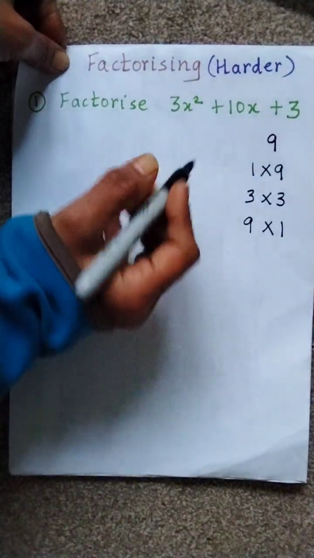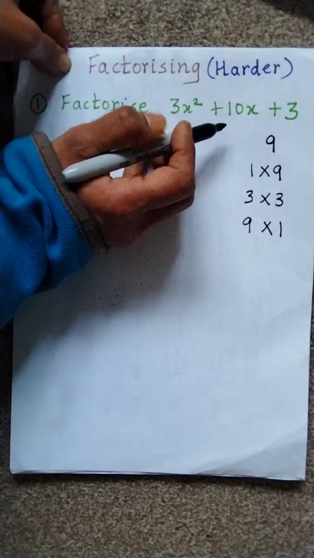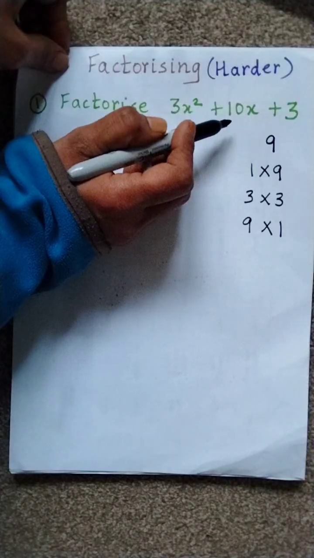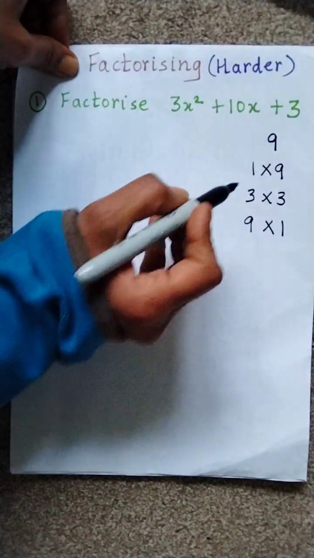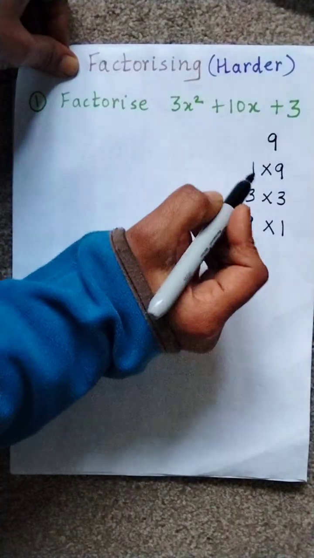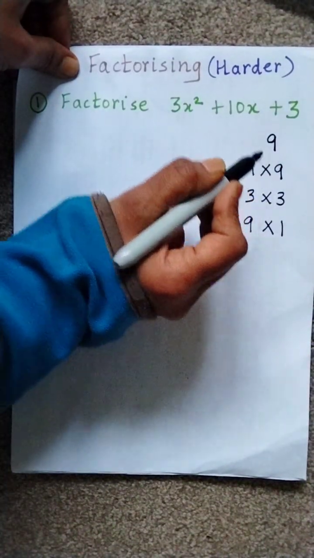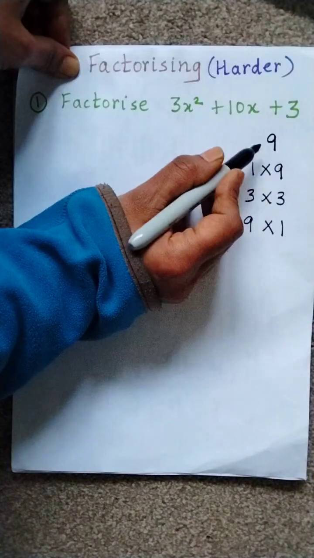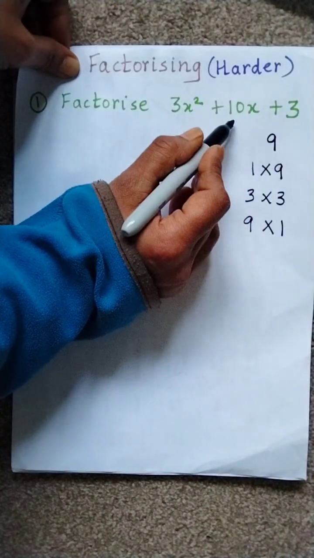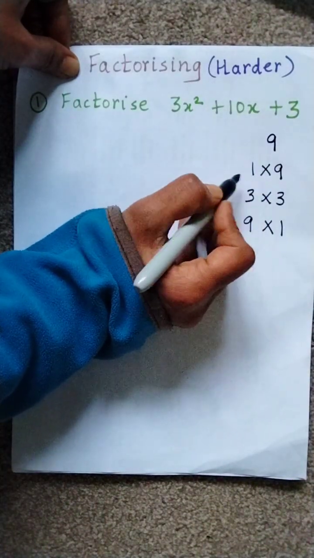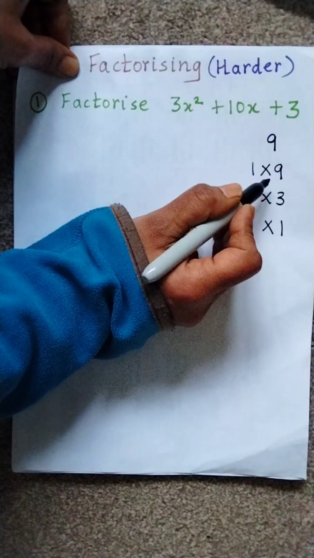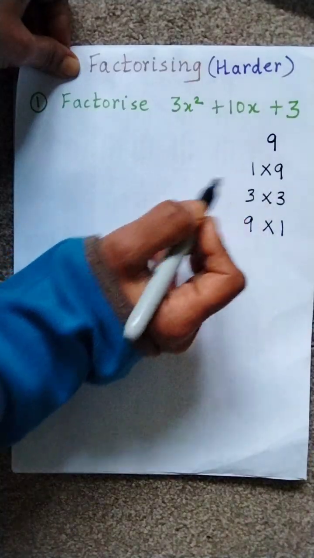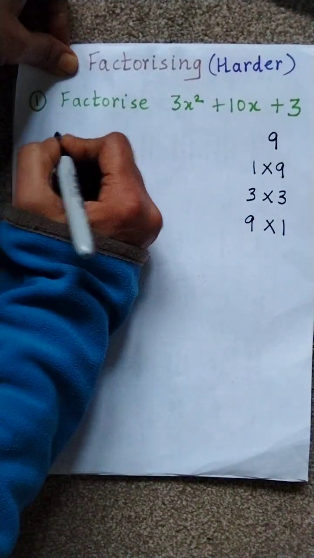We want the sum to be 10x, so we will select two numbers such that the sum is 10. 1 and 9: the product is 9 and the sum is 10. 1 plus 9 is 10. So we can take 1x and 9x.